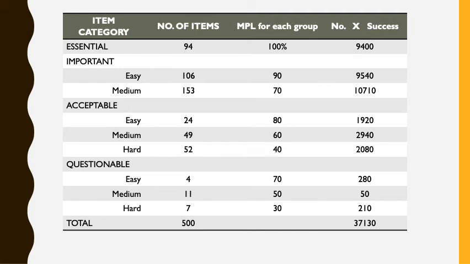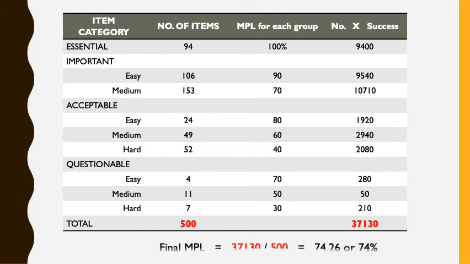That's the total of column 4. The next is you take the two totals and compute for the final MPL. It's just that easy. So 37,130 divided by 500 items is equal to 74.26 or 74%. That's your MPL.